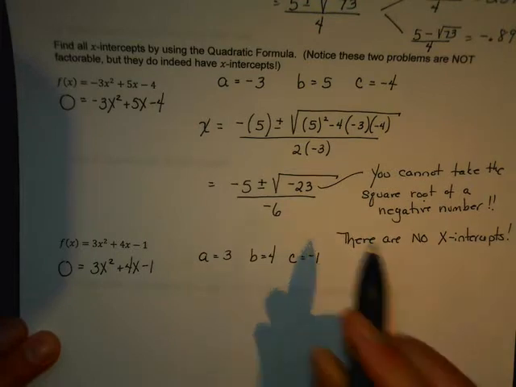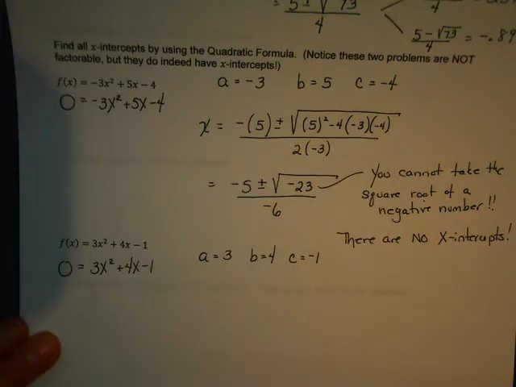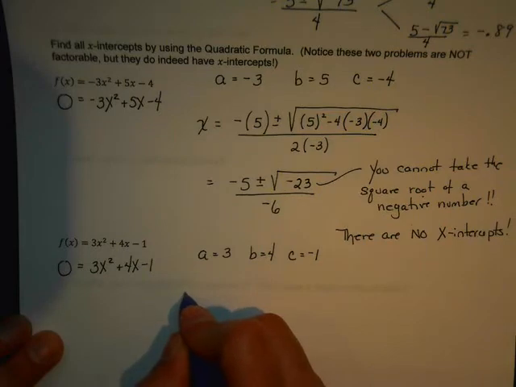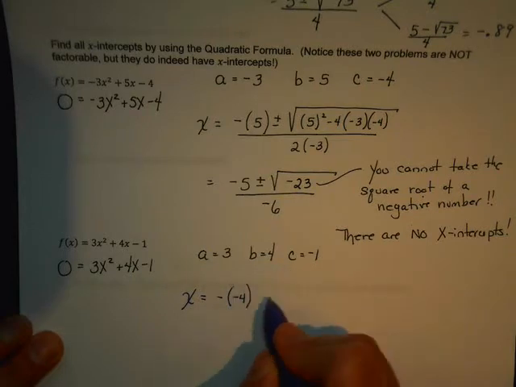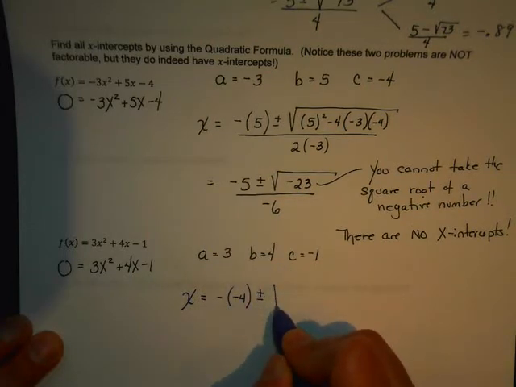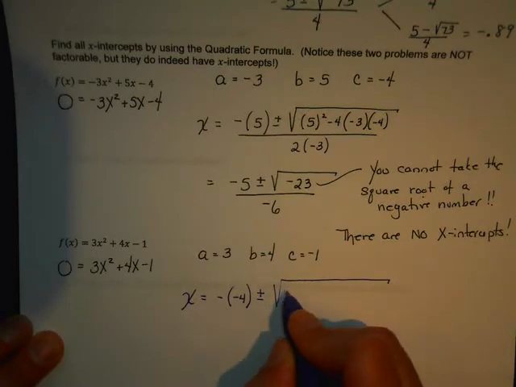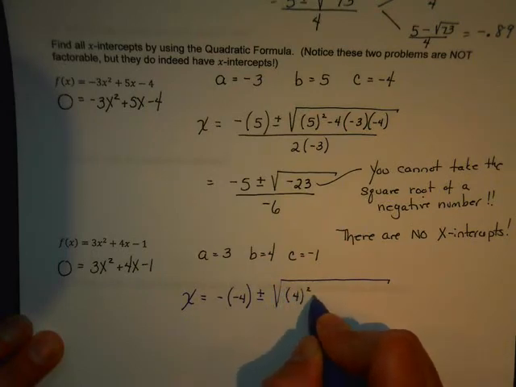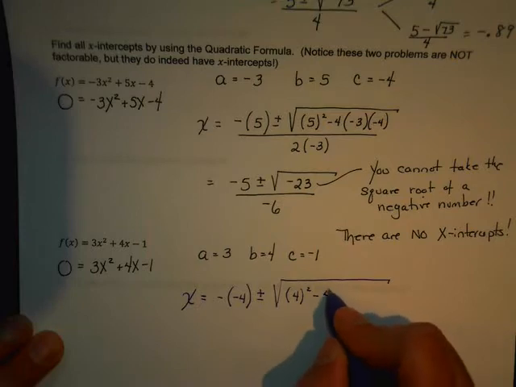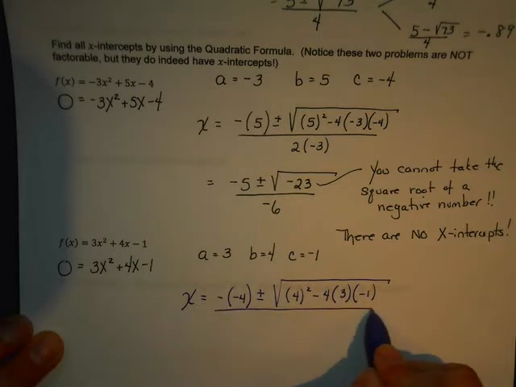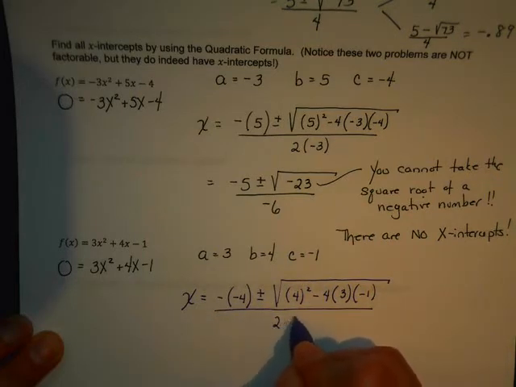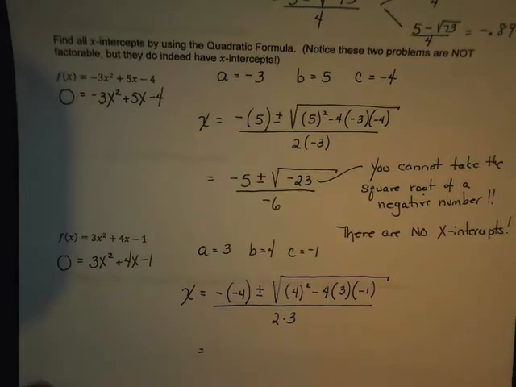All right, so let's pop this in. So x is equal to negative B plus or minus the square root of 4 squared minus 4 times A times C all over 2 times A. All right, negative of a negative 4 is 4.